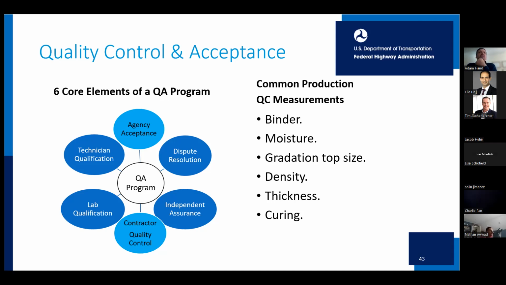And the items specific to the recycling technologies that we commonly saw as QC, production QC measurements were moisture content, binder, right? The amount of binder being used, and the amount of active filler also, gradation, top size, density, thickness, and curing.